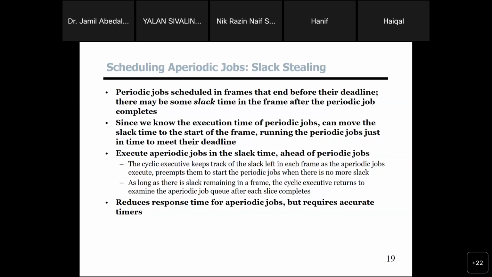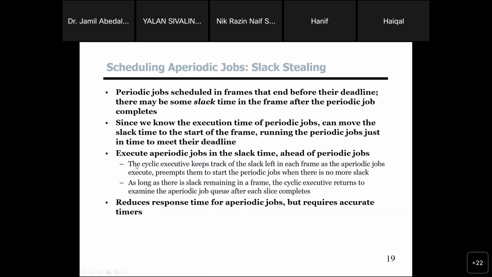That's without slack stealing. With slack stealing, we give priority to the aperiodic job, in case the periodic job will not miss its deadline.